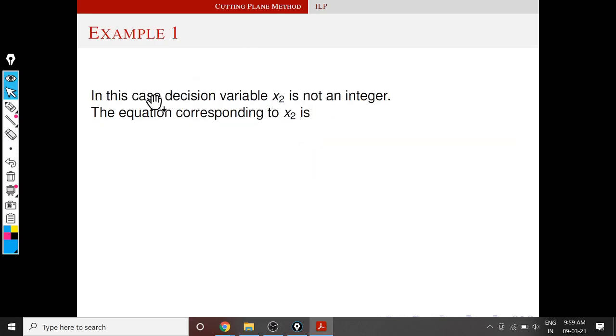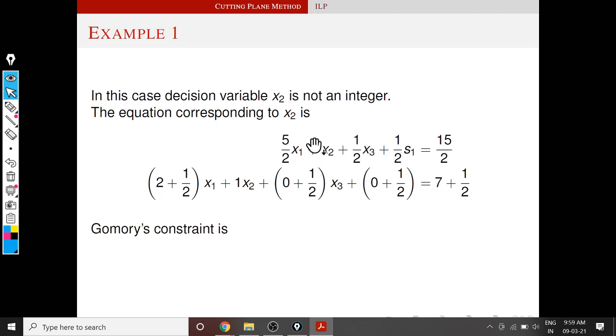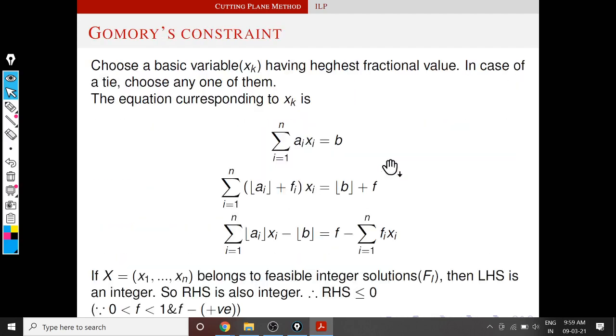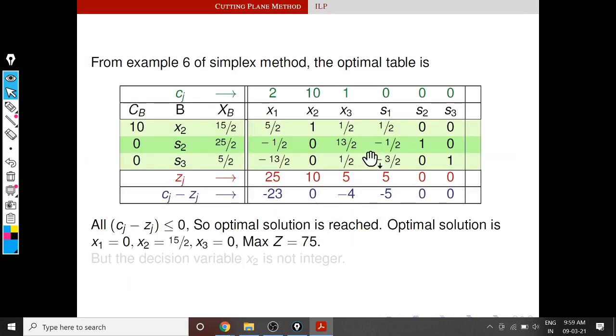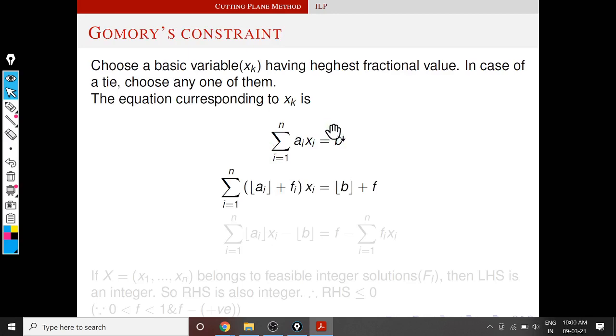So in the last example, x2 has a fractional value. The equation corresponding to x2 is 5 by 2 x1 plus 1 x2 plus 1 by 2 x3 plus 1 by 2 s1 equal to 15 by 2.